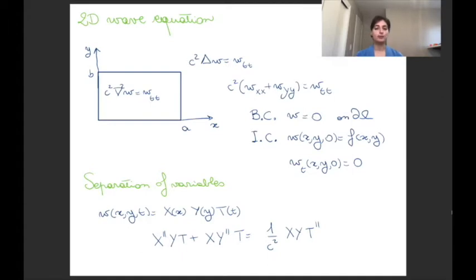We're going to use separation of variables. And this is an interesting example because now separation of variables requires three variables. It requires separation with respect to x, y, and t. The reason it's easy to do separation of variables in the wave equation in 2D is that all our derivatives are independent of each other and our axes are perpendicular.